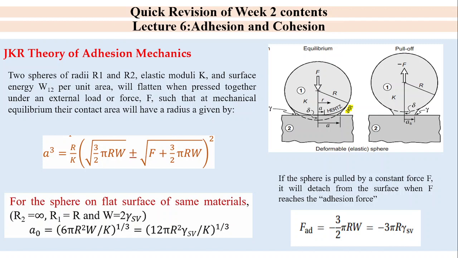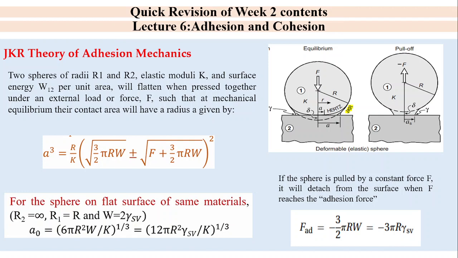For a sphere on a flat surface of the same materials, R2 is taken as infinity, R1 is taken as R, and W is taken as 2 gamma SV. On substituting, we get A naught as [6 pi R square W by K] to the power 1 by 3.